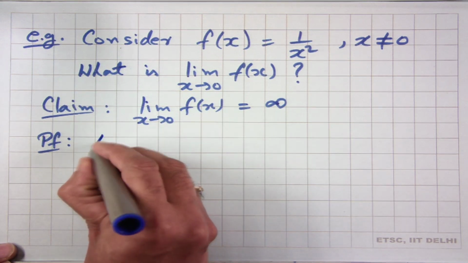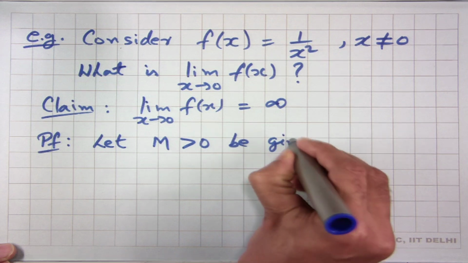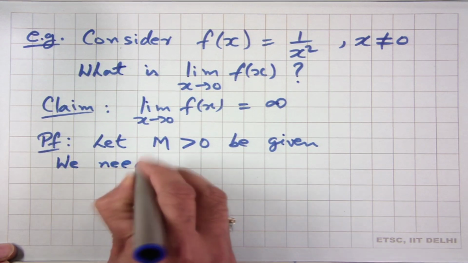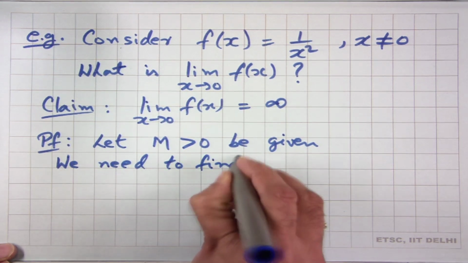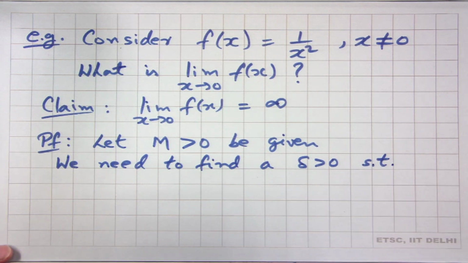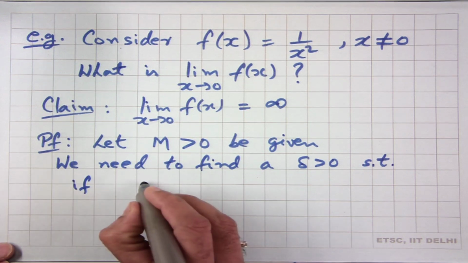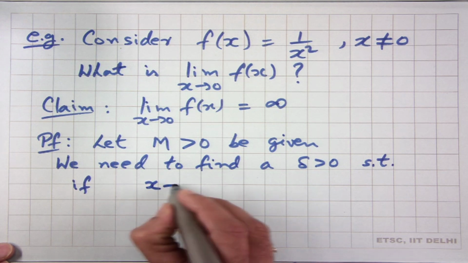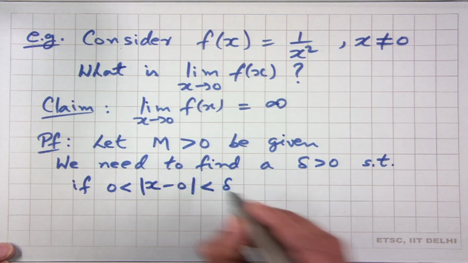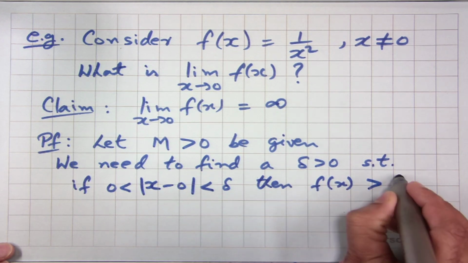So, let m greater than 0 be given, we need to find a delta greater than 0 such that if mod of x minus 0 is bigger than 0 and less than delta, then f of x should be bigger than m.